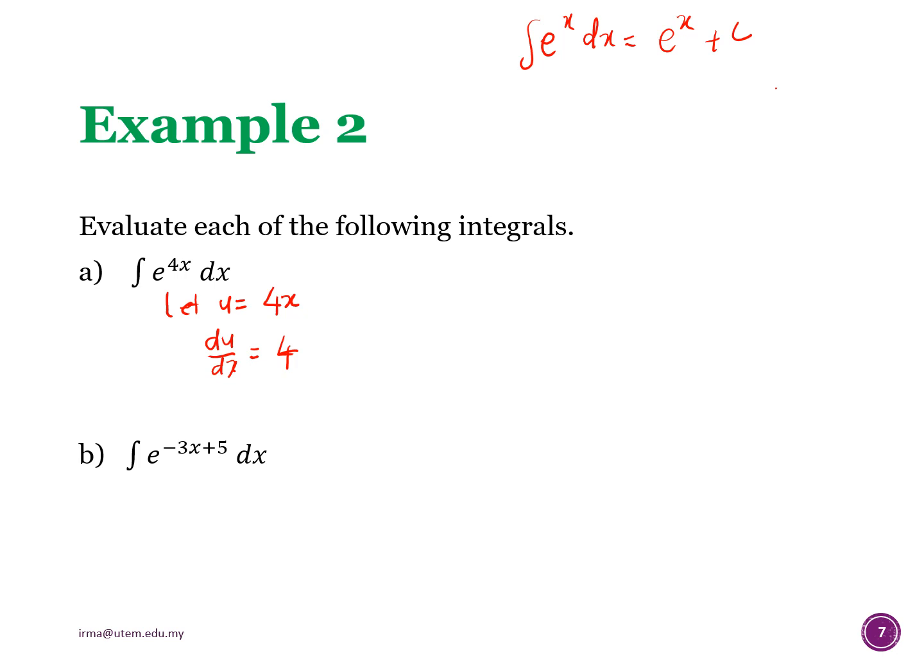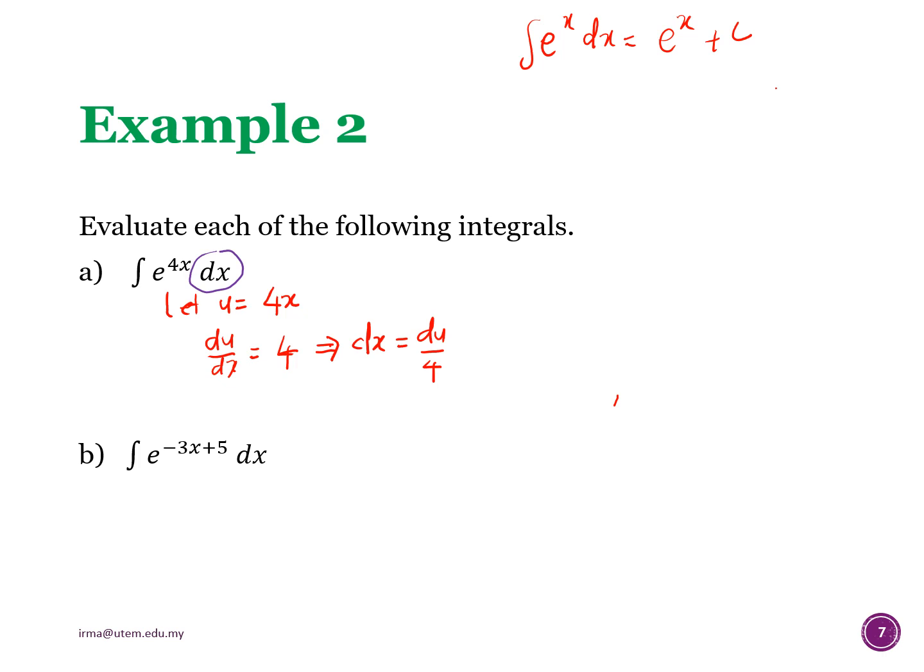From here we rearrange so that dx equals du over 4. Why do we need to find dx? Because we have this dx, so we want to replace it with another form, in terms of u.